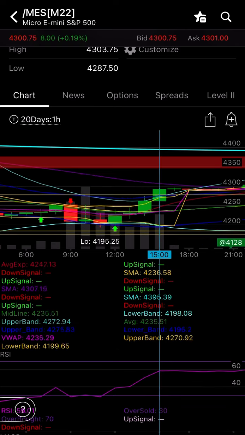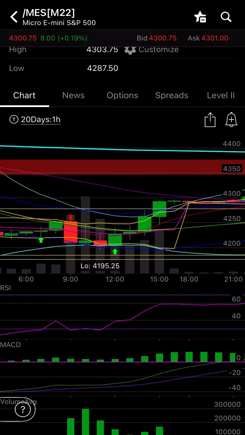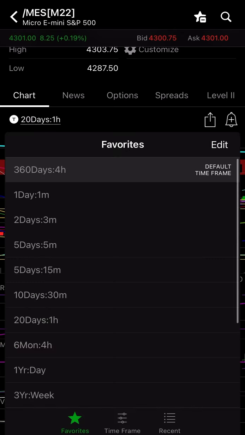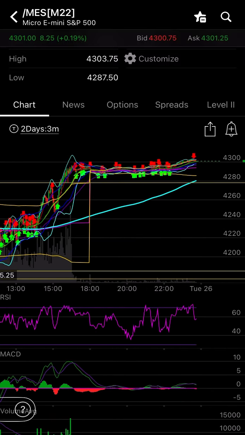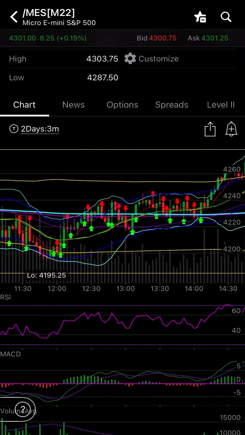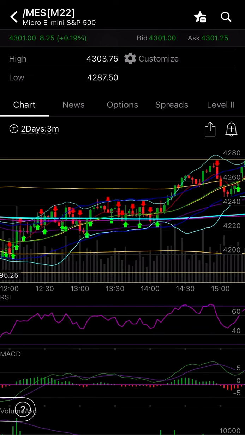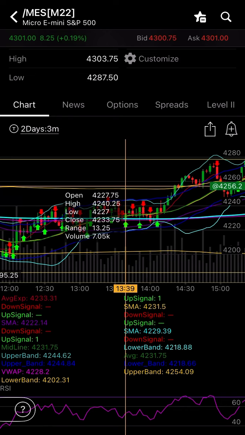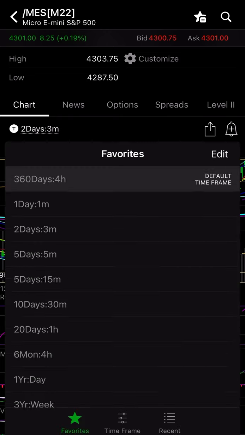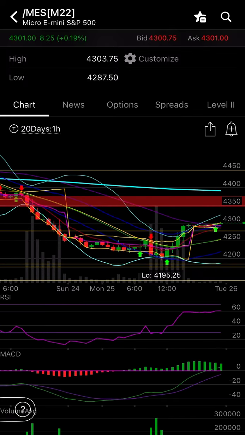And then it starts breaking up above here, right? So I actually already took this long because on the 3-minute chart, you know, we were just kind of consolidating underneath this 4240 zone, okay? And then once we broke out of that, that was my trigger for entry there. But, you know, also having the squeeze here helped as well.